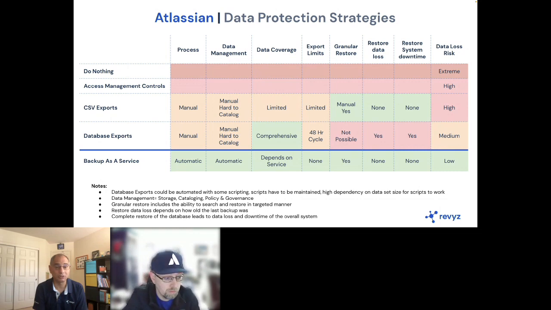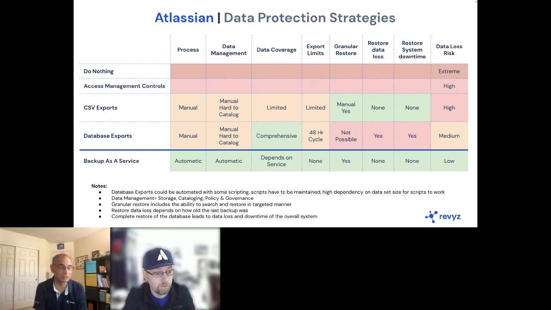All the objects, or I shouldn't say all, maybe I should say the majority of the objects within your Jira application get backed up in this method. So among all the different methods for backing up your data, the database export method is probably a lot more comprehensive.